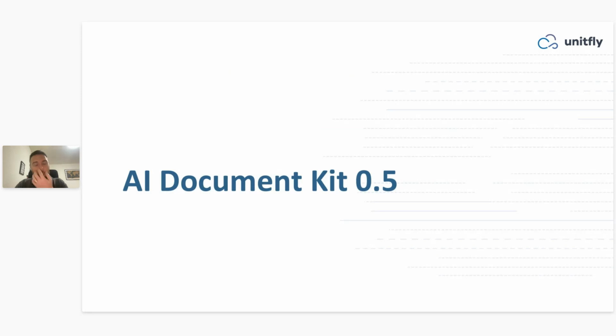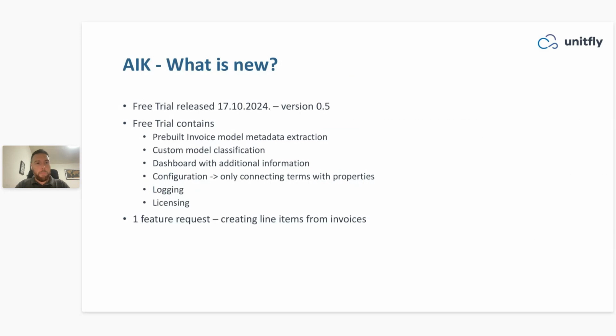So for AI Document Kit, it's still in version 0.5. It doesn't have version 1 because it's still not something that we would call version 1. The trial version was released in October.